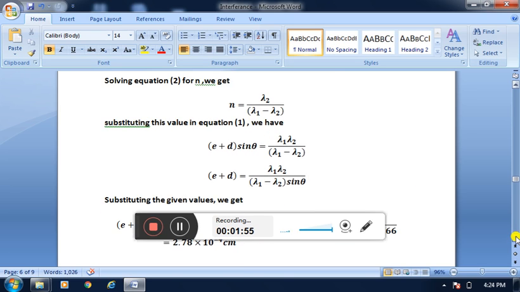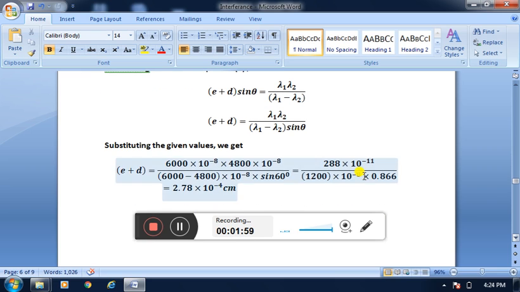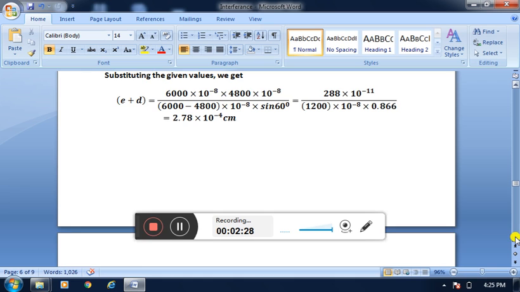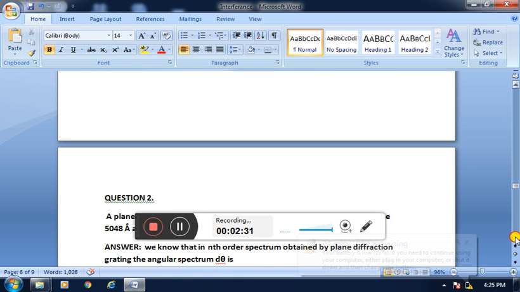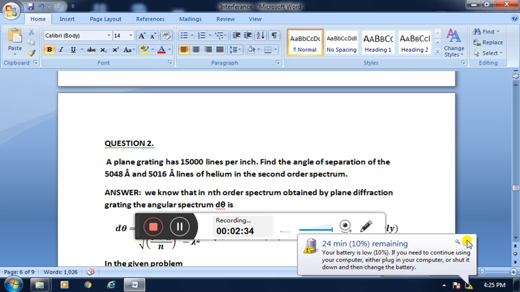Substituting the values: lambda 1 is 6000 Armstrong, lambda 2 is 4800 Armstrong, and sin theta is sin 60 degrees. After calculation we get the grating element e plus d is equal to 2.78 into 10 power minus 4 centimeter.